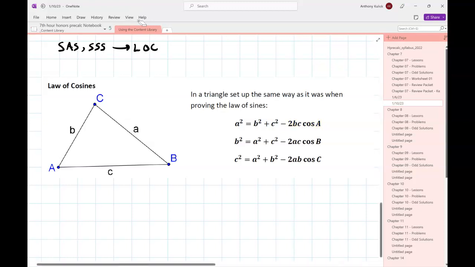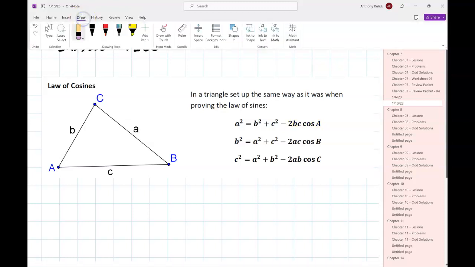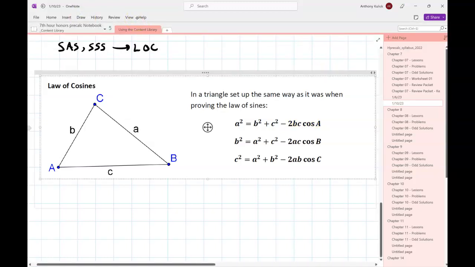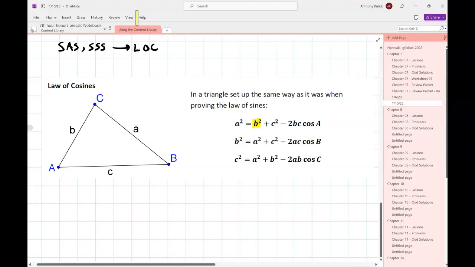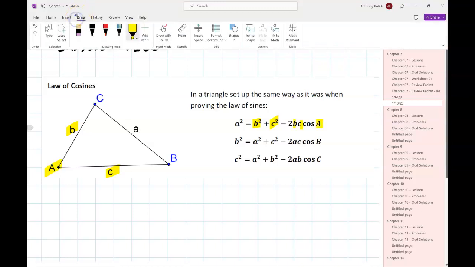So if I look at this first example, I can use it to solve for side A. In doing that, I'm going to need side B, I'm going to need side C, so have B and C, and then angle A. So what situation is this coming under?